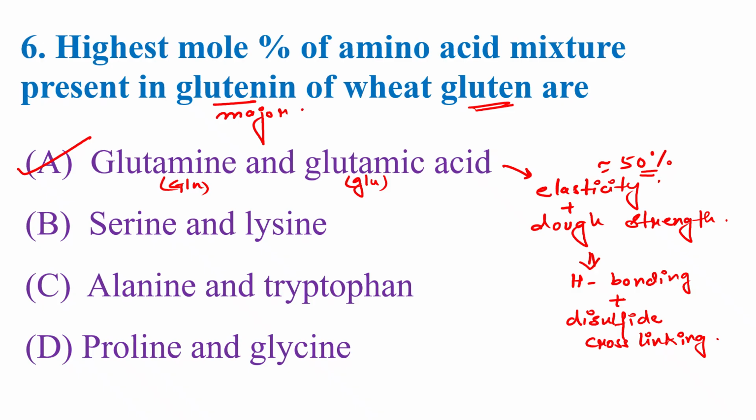Whereas serine and lysine, these are present but in lower amounts. Alanine and tryptophan, these are rare. And proline, glycine, so proline is moderately high but not glycine. So over here, my correct option is option number A.